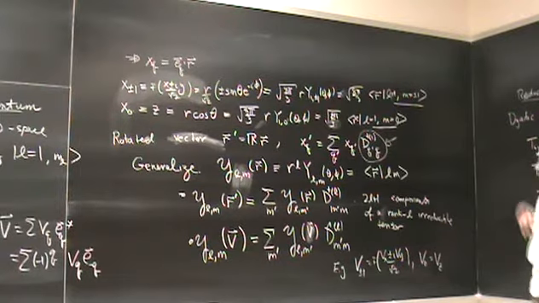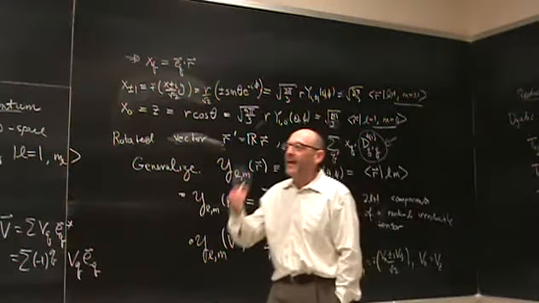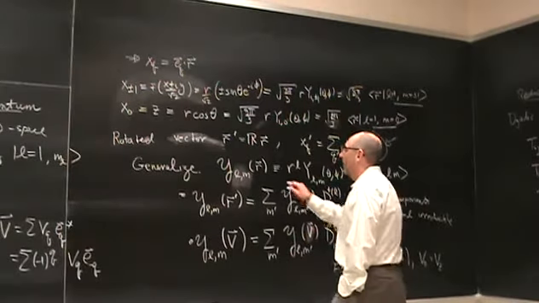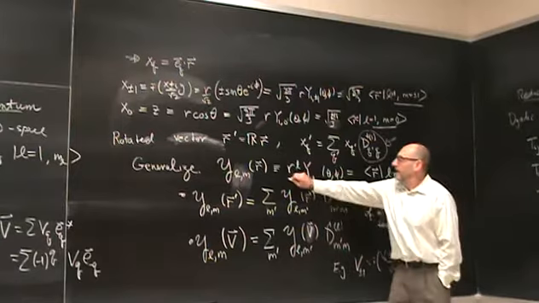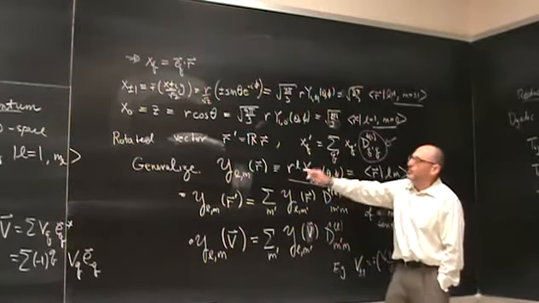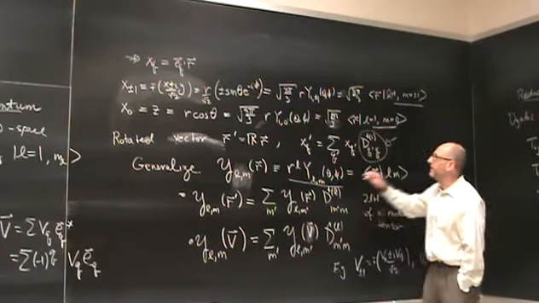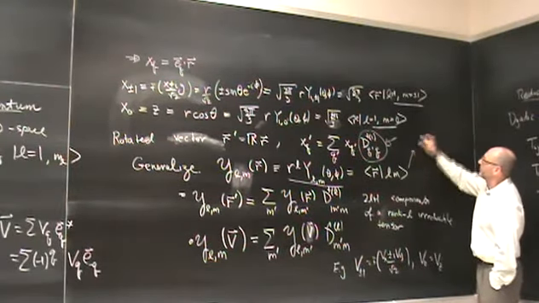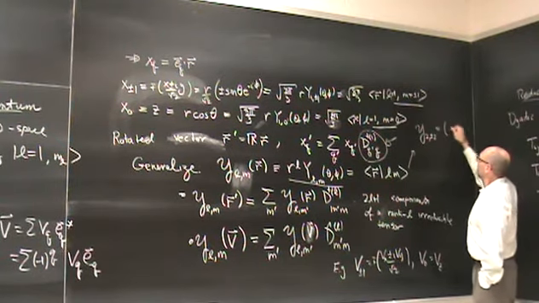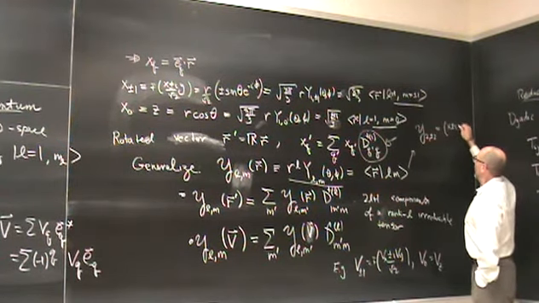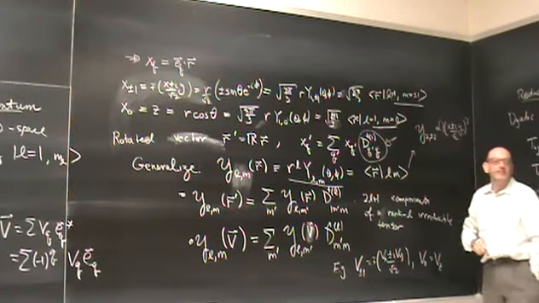Because then we can look at generalizations of that. So now I can look at polynomials in x, y, and z, which are the polynomials that I get by, you know, x, y, z, or r, theta, phi, it doesn't matter. If I write this out, for example, let me just remind you, Y2 plus or minus 2 is x plus or minus i y over root 2 to the power 2 with some constant up front.